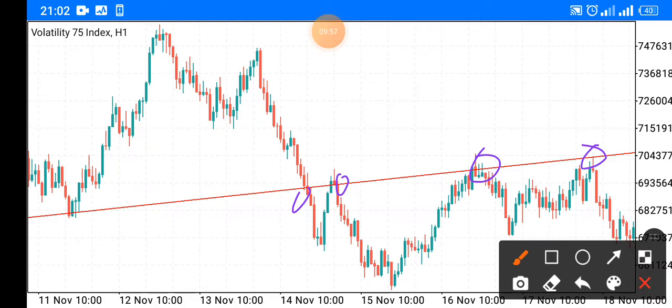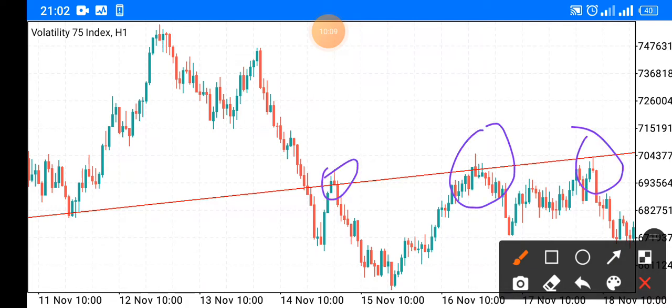You should not be scared when the candlesticks are retracing back to the trend line, as you can see right here and right here, there is hesitation, there are small candles, there are many wicks. So most probably our trend line is going to be respected to the downside, because the market is hesitating to break through the trend line again. So you should not be scared.